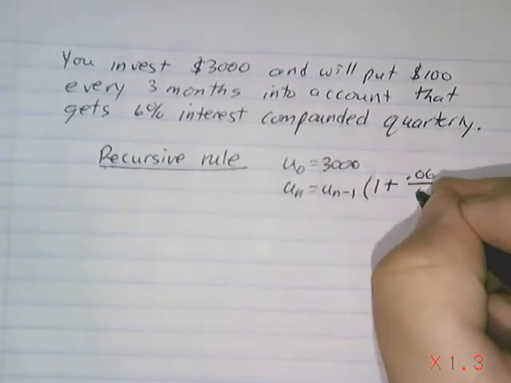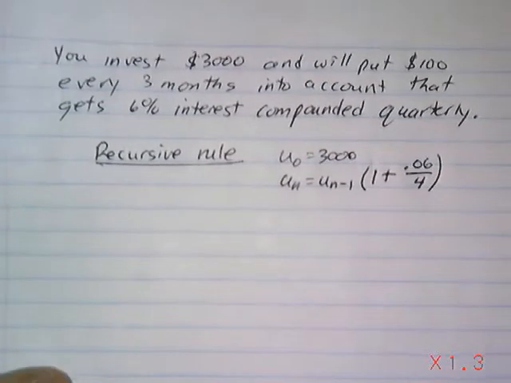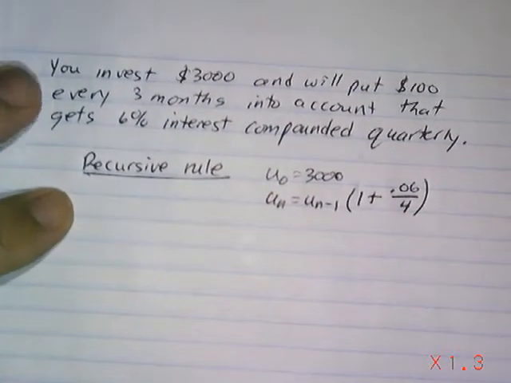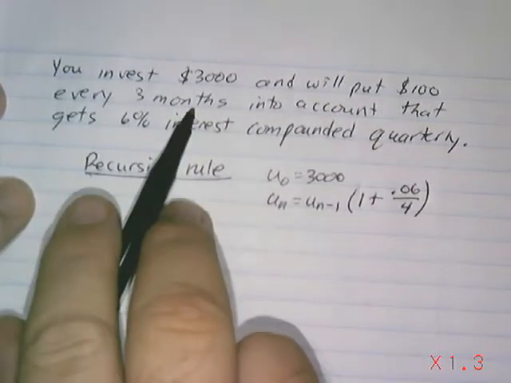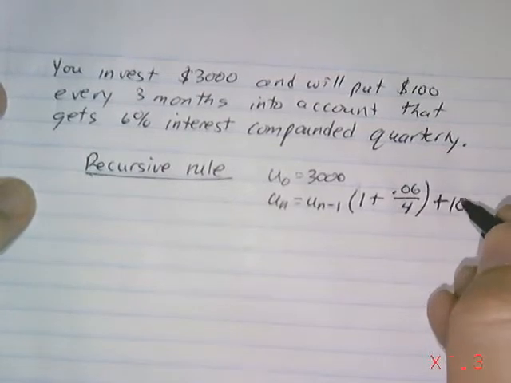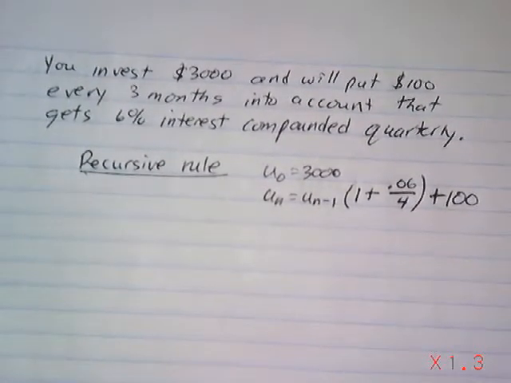So let's write a recursive rule and determine how much you owe after 1 month. We could always do 2 months and 3 months and everything.